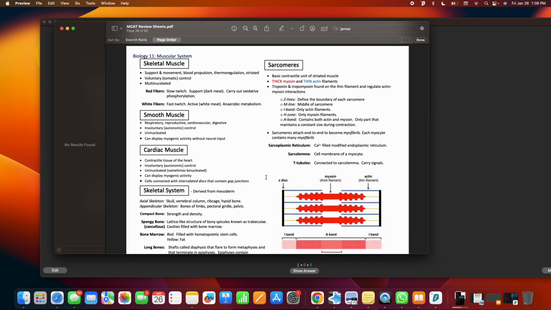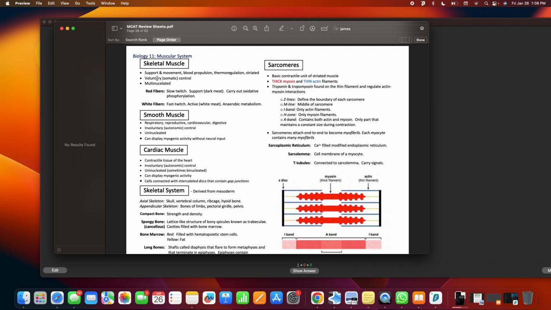So, what do we know already about skeletal muscle? It's voluntary, under voluntary somatic control, and it is multi-nucleated. The other two, smooth muscle and cardiac muscle, are uninucleated.